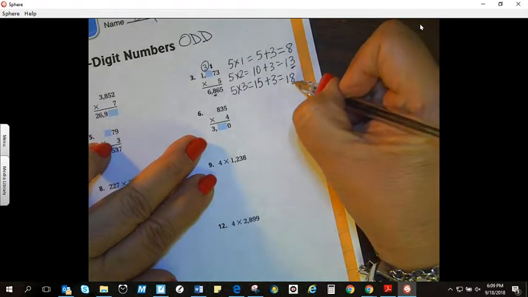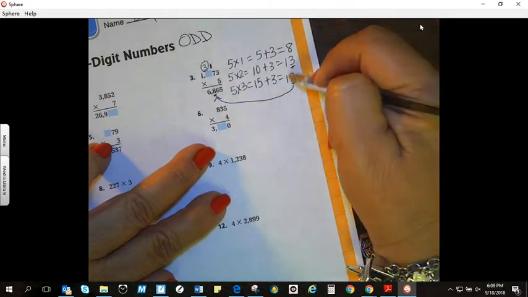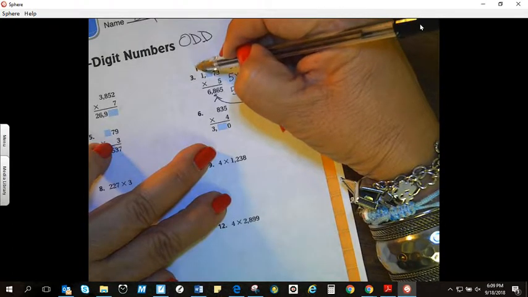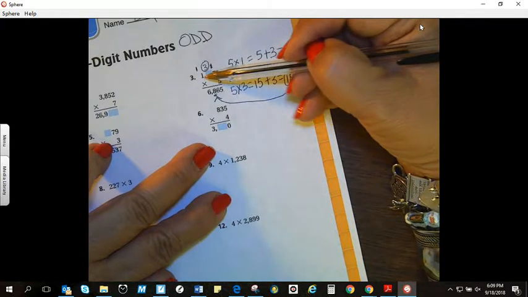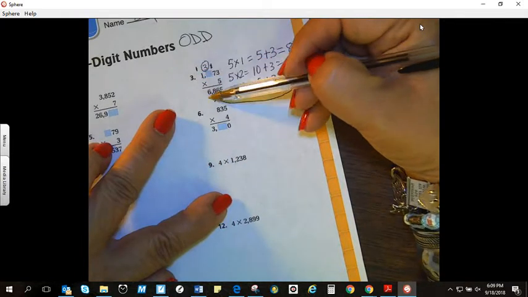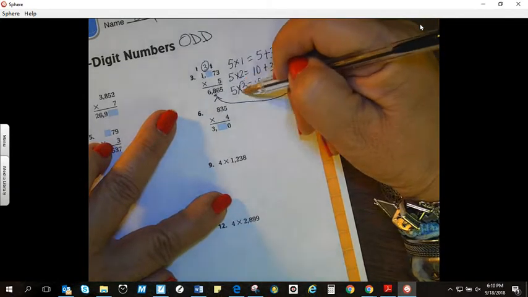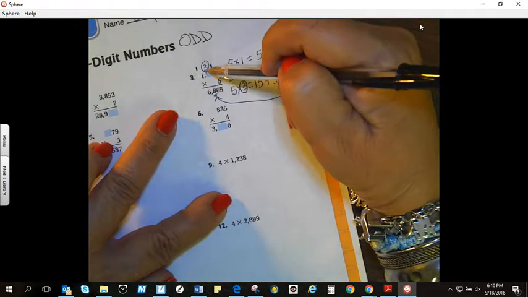Is this 8 where we see it over here? Absolutely. So this 1, I'm going to carry over into my thousands place value. So I'm regrouping there. Now, 5 times 1 equals 5, plus 1 equals 6. So the missing digit that I have there is 3. So 3 is going to go here.